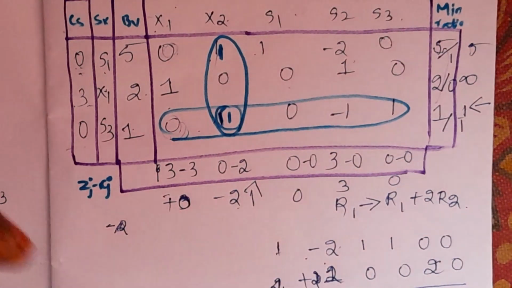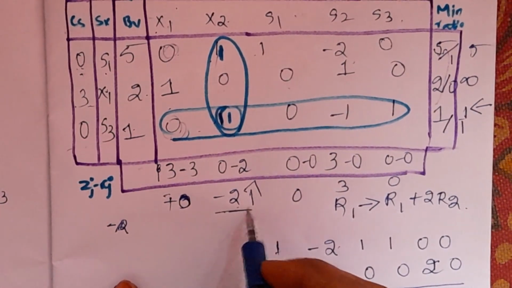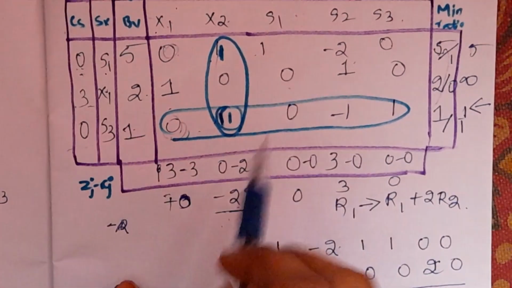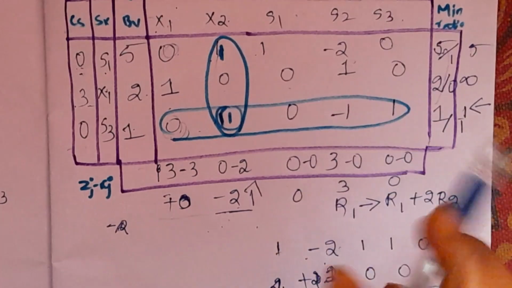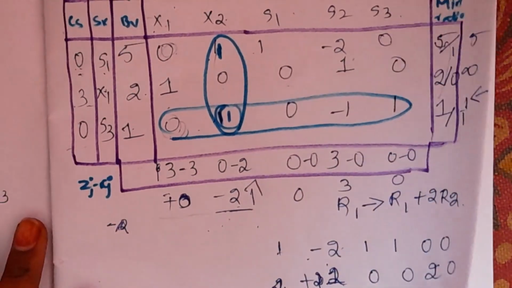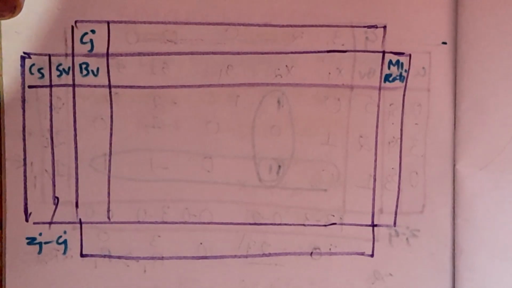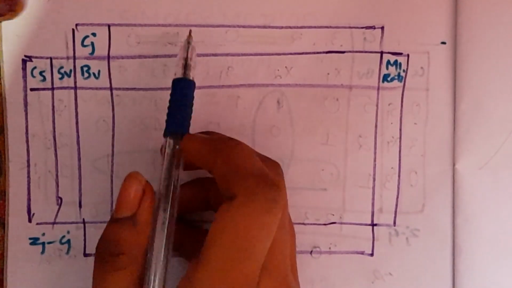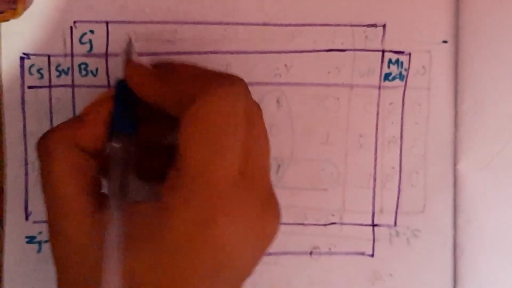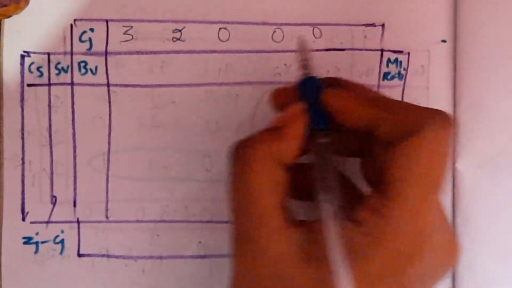As we got negative values, again we have to do the same process until all the zj minus cj values become positive. So next we have to calculate another iteration table. Here the same values of the objective function coefficients have to be written: 3, 2, 0, 0, 0.